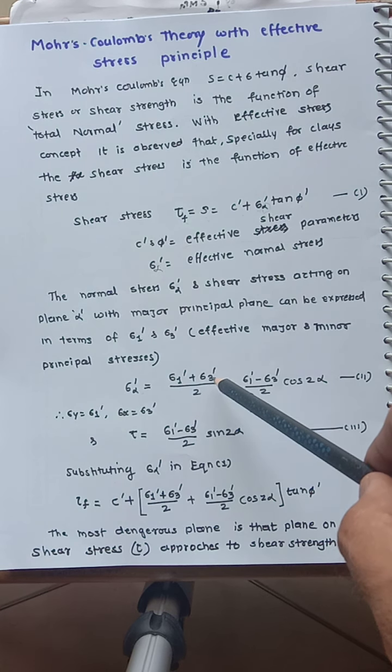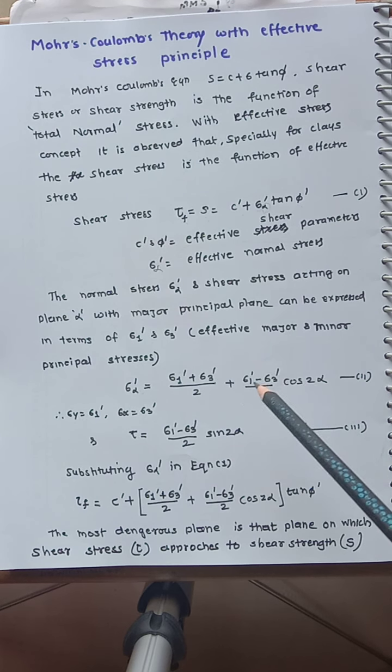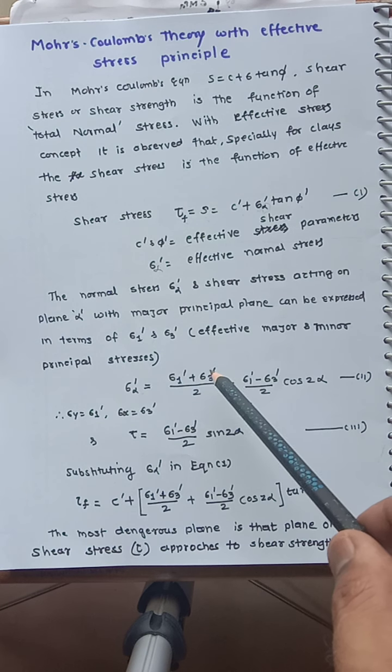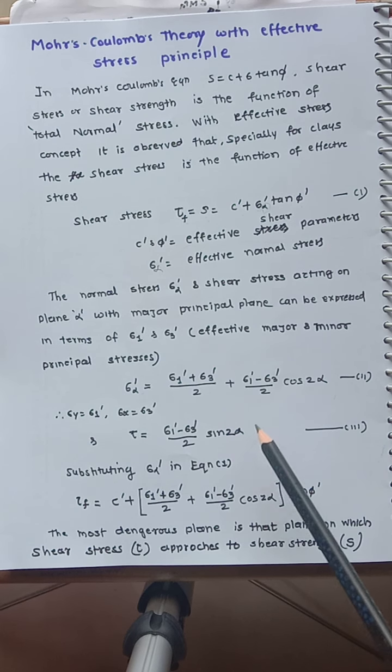It means the element is not subjected to shear stress. Tau is 0 and the ABCD boundaries are nothing but principal planes. Like sigma y is the sigma 1 dash and sigma x is the sigma 3 dash. Alpha is a failure plane. So this is the normal stress equation, and this is the shear stress equation.